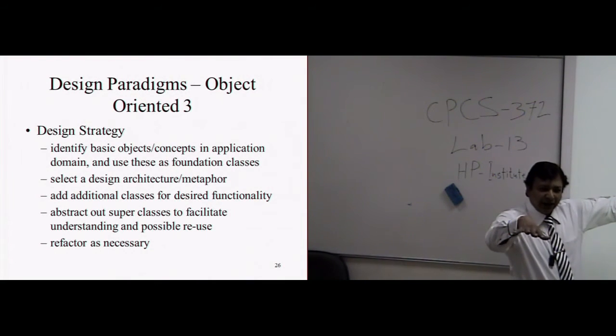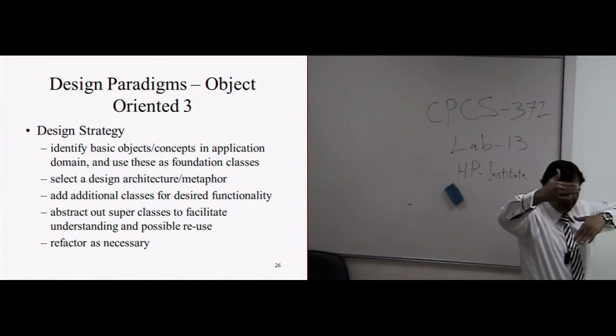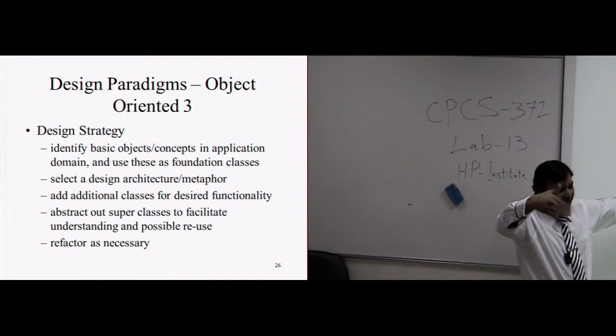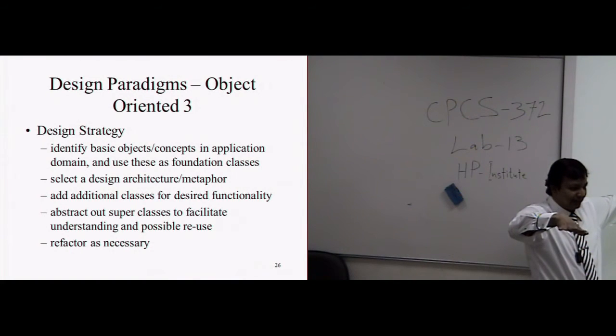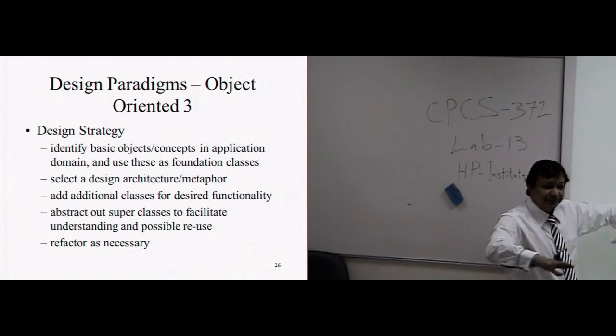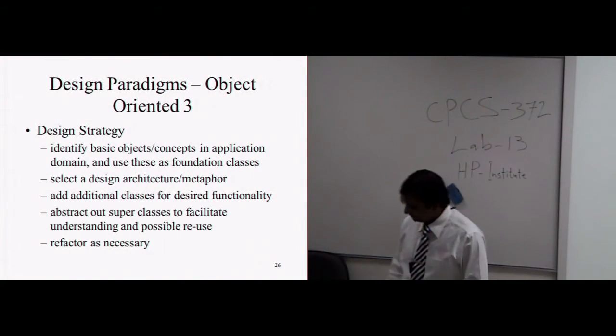When you have the superclass, it's easy to reuse because it contains all the main data and main methods. You can have more child classes. They can inherit from the base class. So it's a heavy base class. The platform is there, the foundation is there. And the refactor is necessary.